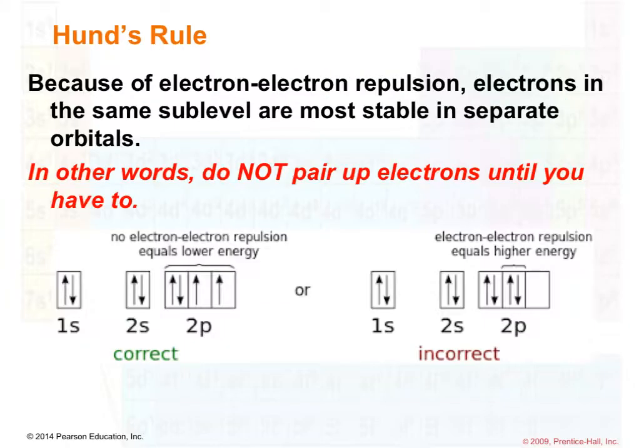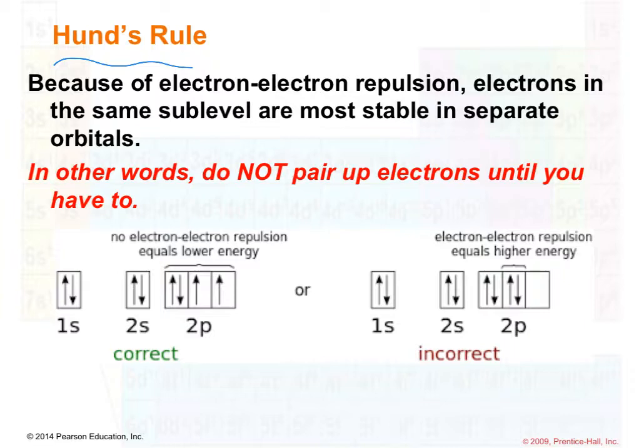All right, the third and last rule that needs to be followed when writing out electron configurations is Hund's rule. Hund's rule tends to be a little bit tricky to grasp, and a lot of students will mix up Hund's rule with Pauli exclusion, so heads up on that, get those straight.